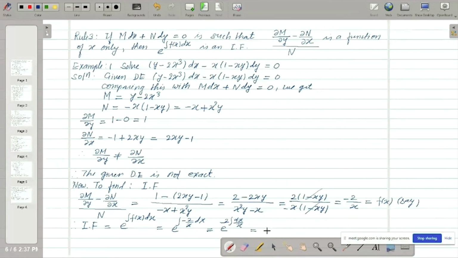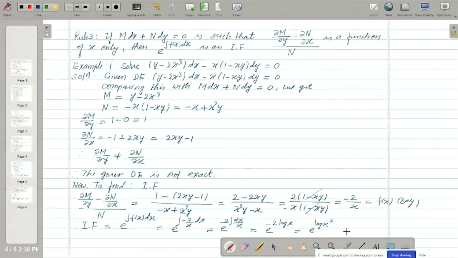So this becomes e raised to minus 2. Integration of 1 upon x is what? Log of x. So this can be written as e raised to minus 2 log of x, log of x raised to minus 2.